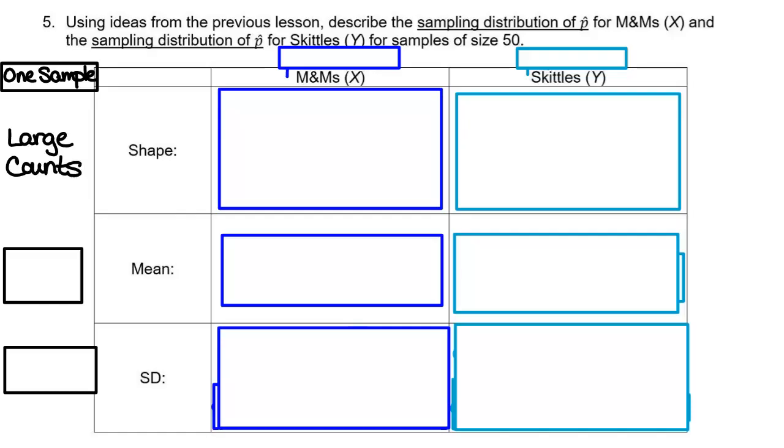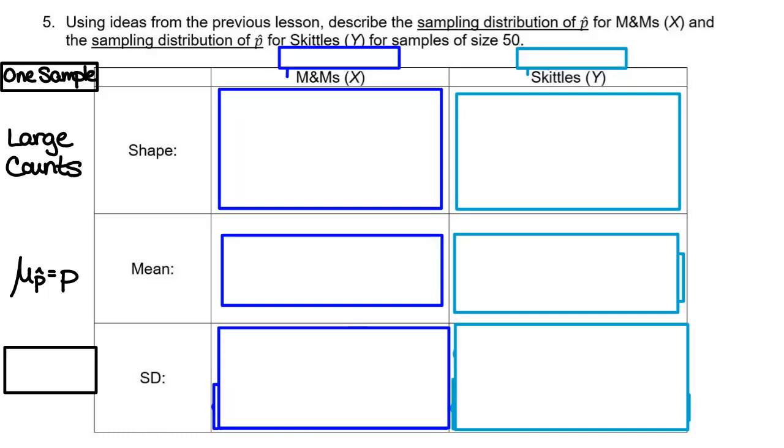How do we find the mean when it's just one sample? N times P is when it's binomial. This is a sampling distribution. It's just P. Yes, it's just P. So the sampling distribution of P hat has a mean of whatever the true proportion is.